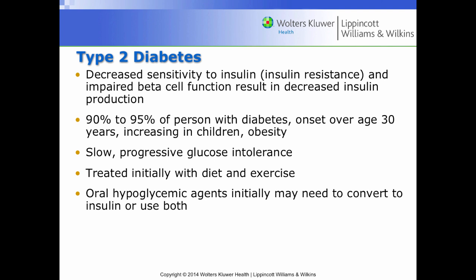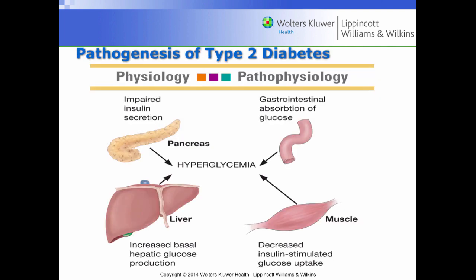But a staple of treatment for type 2 are the oral hypoglycemic agents or oral anti-diabetic agents that help control the hyperglycemia, help prevent the hyperglycemia, and therefore avoid long-term complications of the hyperglycemia. So when someone is diabetic, whether it's type 1 or type 2, they manifest this hyperglycemia, this elevated blood glucose.